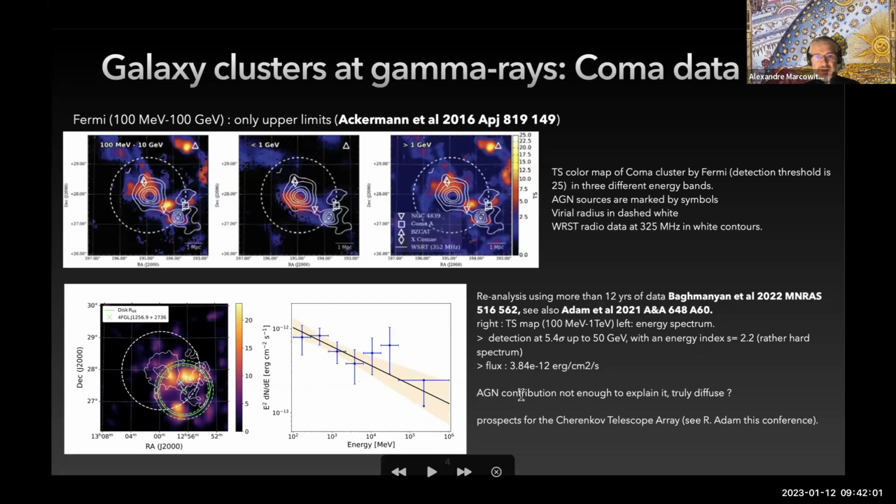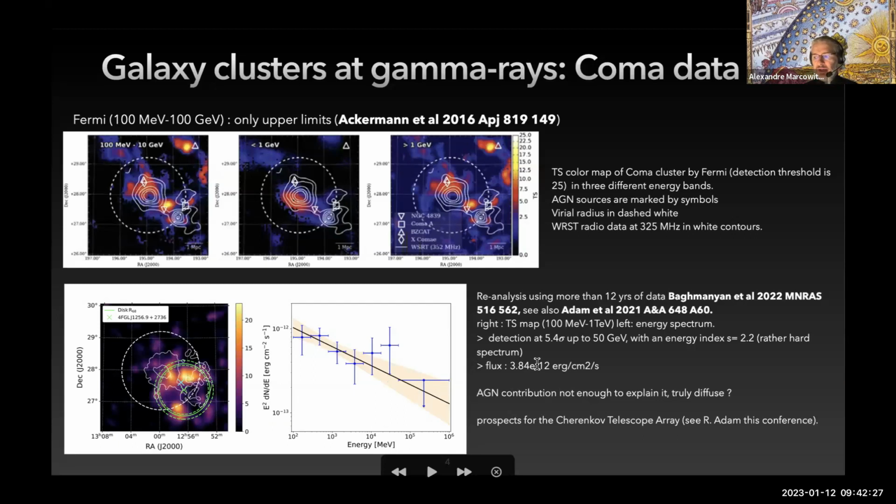It has been shown that it cannot be produced by AGN contribution, which could be in the cluster, but they are not energetic enough to produce such a level of emission. So this is an interesting detection, which opened the door for the Cherenkov Telescope Array.